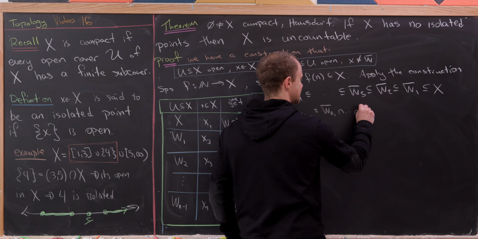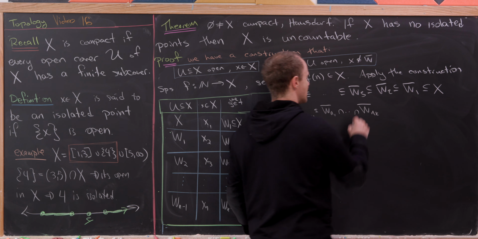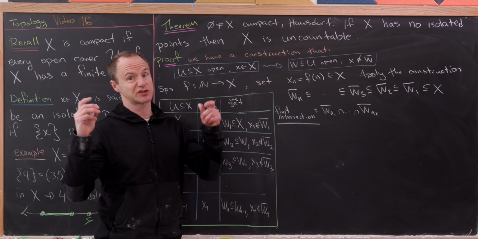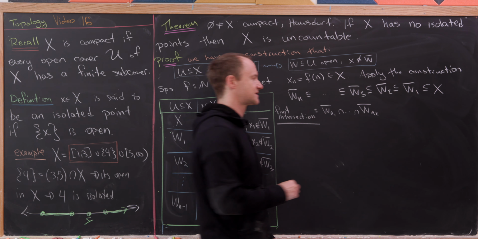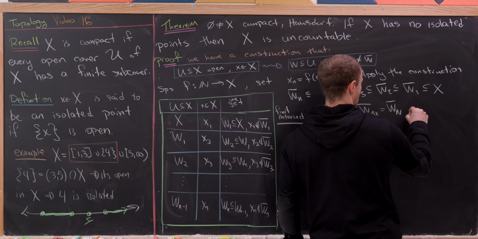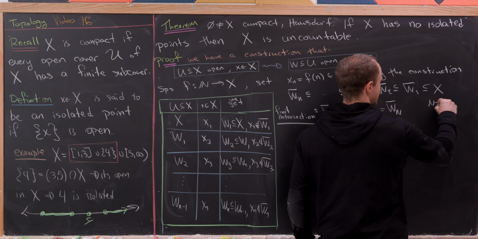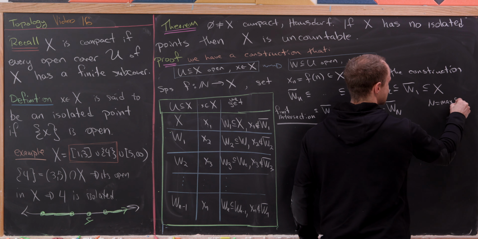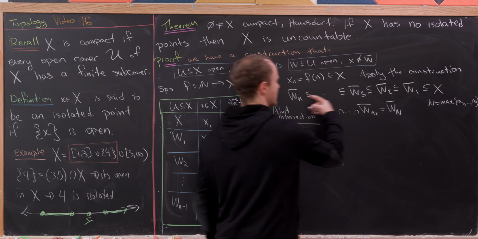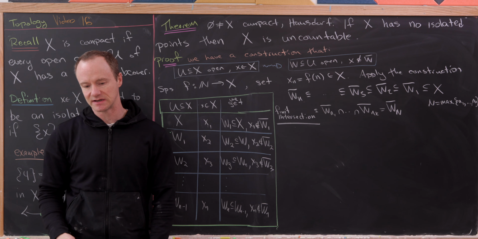But let's observe that any finite intersection has the following form: W_{n1} bar intersected up to W_{nk} bar. But then by the nestedness, that's going to give us the smallest of these sets. And so we might write that as W_N bar, where our capital N is equal to the maximum of these little n's. I think that's pretty clear just by the fact that this thing is nested.